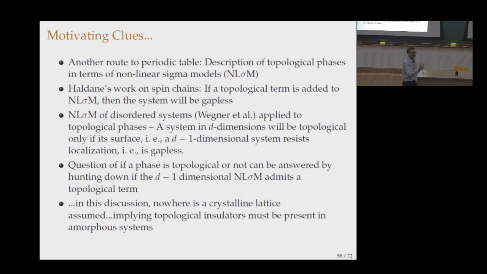So there is a way to ask a question, under what conditions can I have a guarantee that the system is gapless and not localized? You can ask that question in a very generic context, and more broadly you can ask that question in field theory. So the playground to ask that question is this question of nonlinear sigma models.